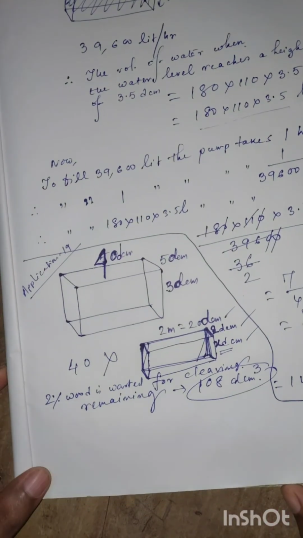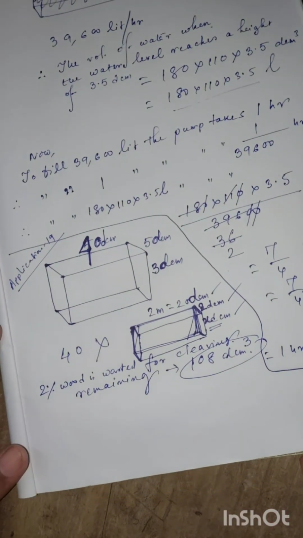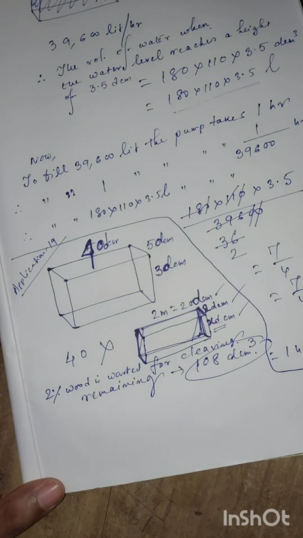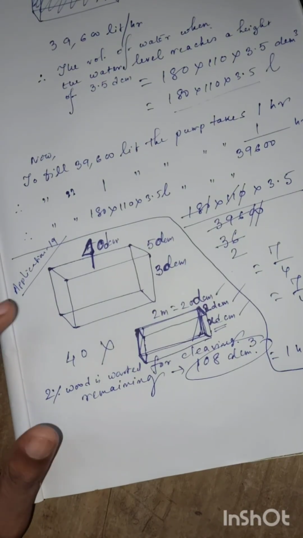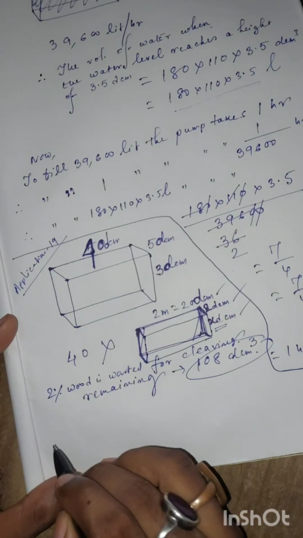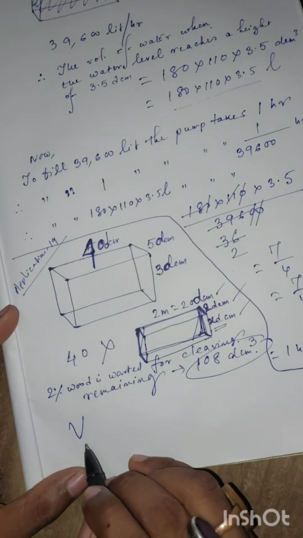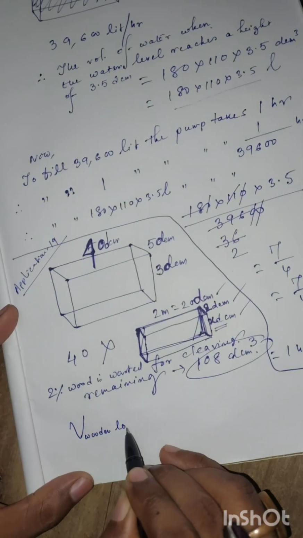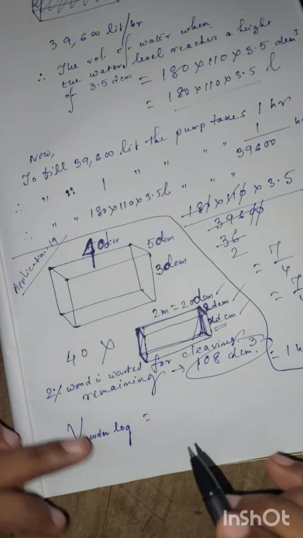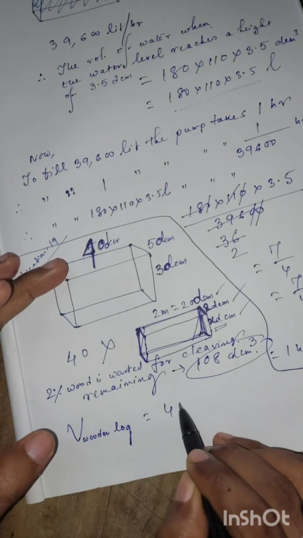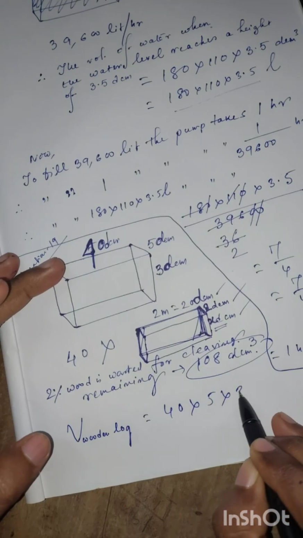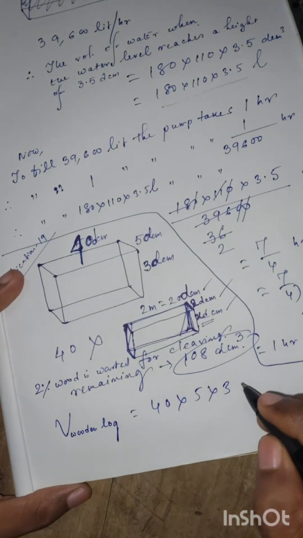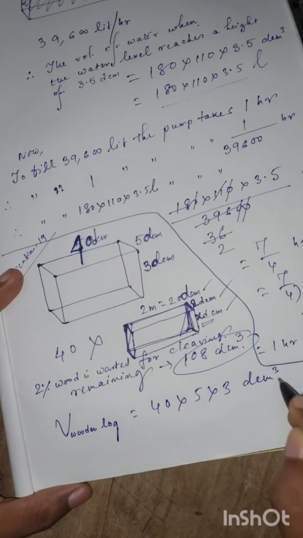Now friends, let us first determine the volume of the wooden log. Volume of wooden log equal to 40 into 5 into 3 dcm cube.